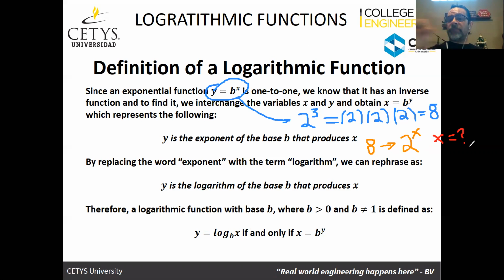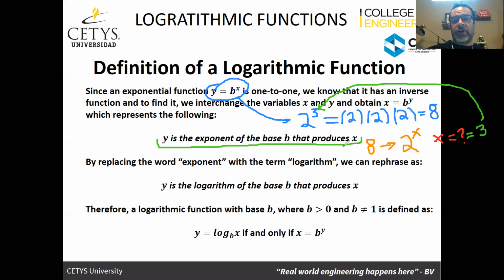That's the definition of the inverse. So if 2 to the 3 is 8, then what is the value that I would need to elevate 2 to get 8? Well, the response here is that the value would be 3, okay, which is the one I used here. And so that's what this phrase here is trying to tell us.